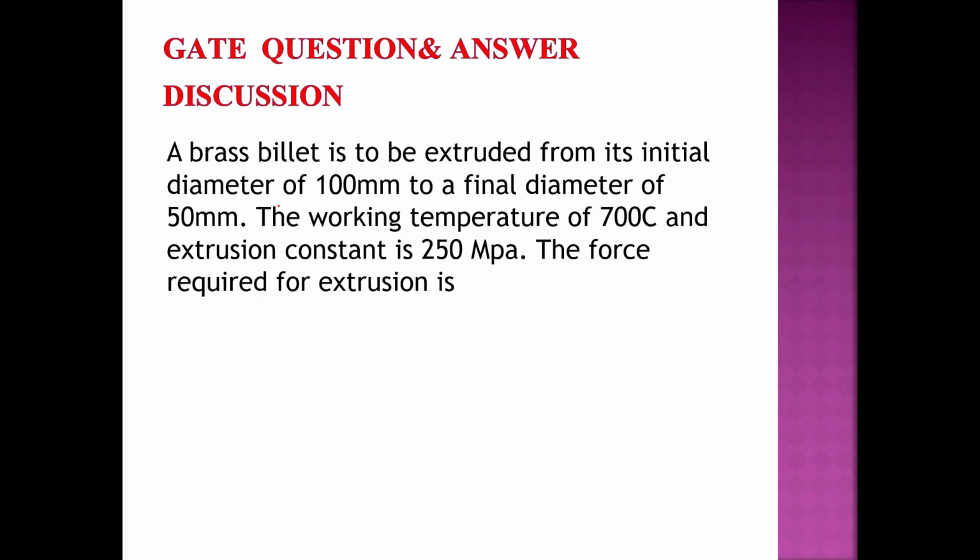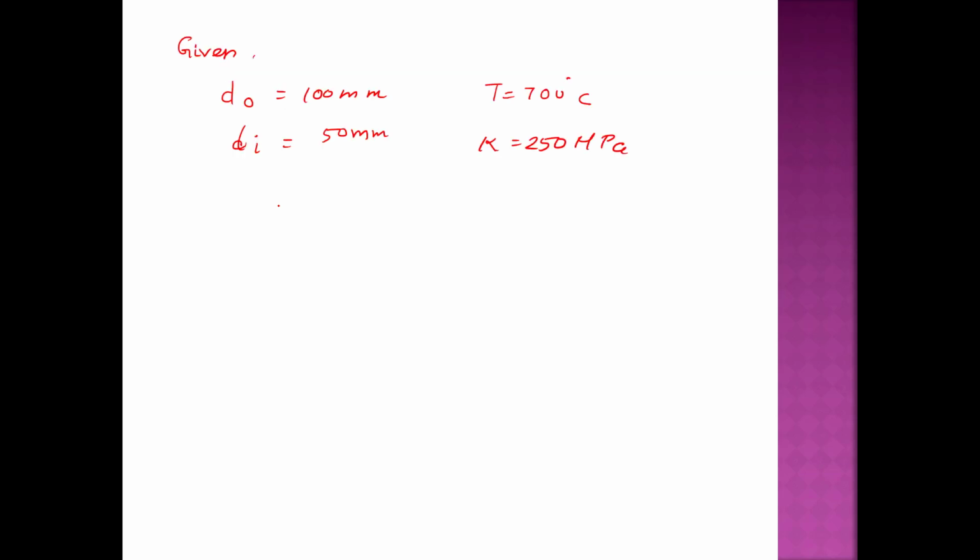Given is initial diameter 100 mm and final diameter 50 mm. Then temperature is 700 degrees Celsius. Then constant 250 megapascal. So we want to know the force required for extrusion.